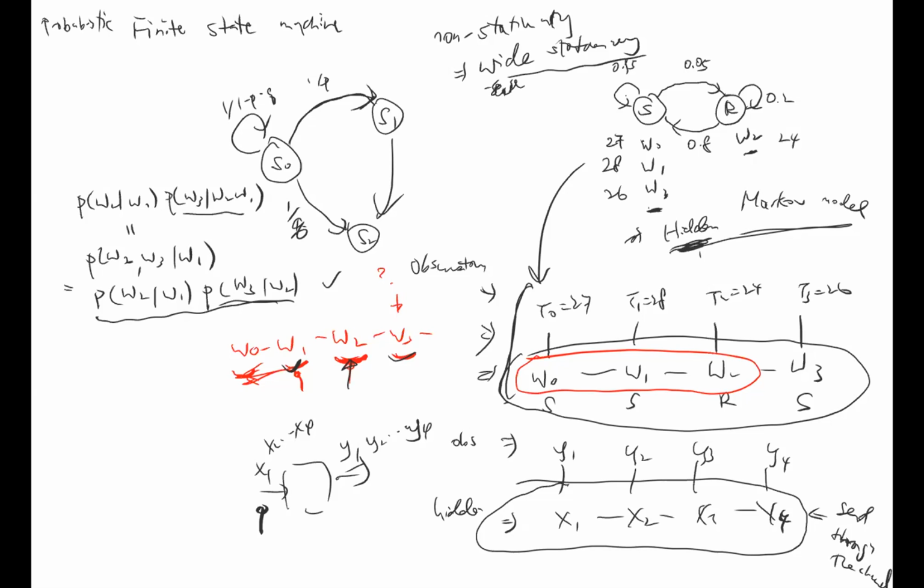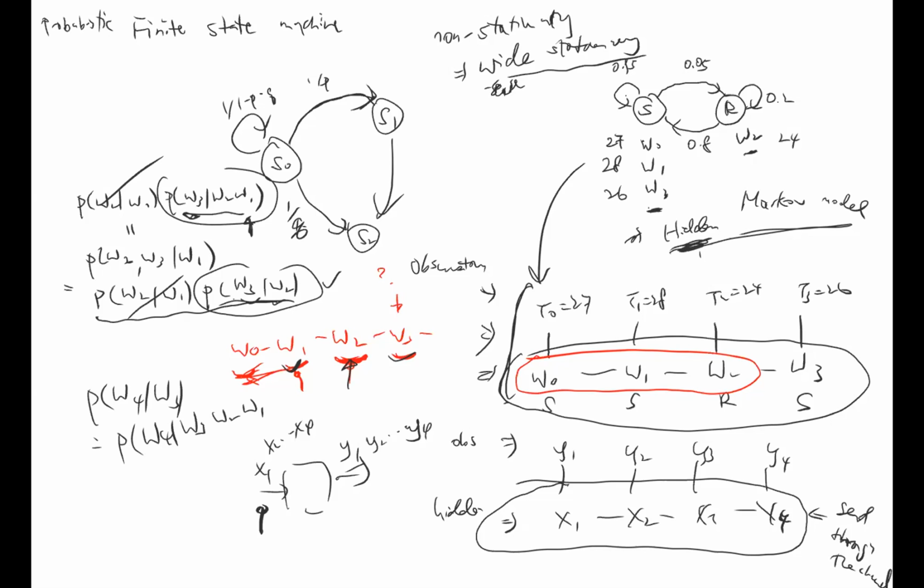If we look at any variable here, like W3, and we're given the previous day's variable, then any variable before that will not be important. You can pad all these previous variables. W4 given W3 will be equal to W4 given W3, W2, W1, and so forth.